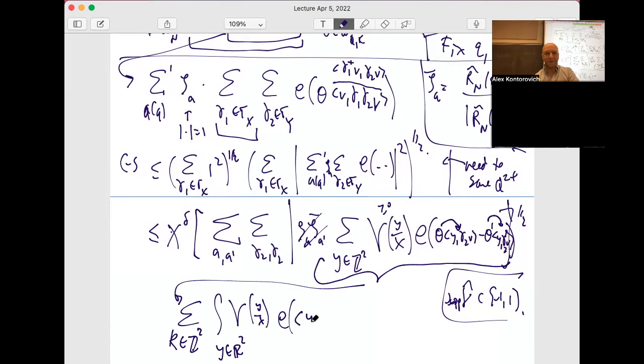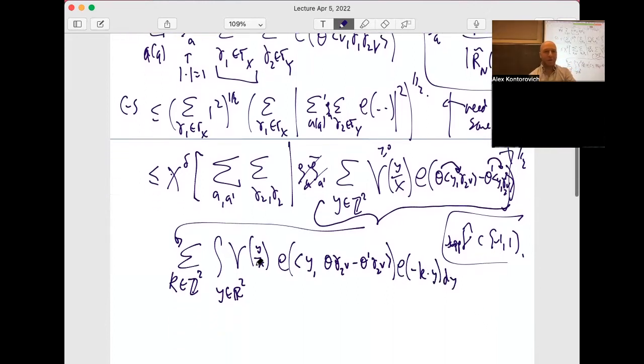So I have an inner product of y with theta gamma 2v minus theta prime gamma 2 prime v, times the Fourier transform, e to the minus k dot y dy. And the only thing I'm going to do is make a change of variables. Y goes to y times x. So that kills that.